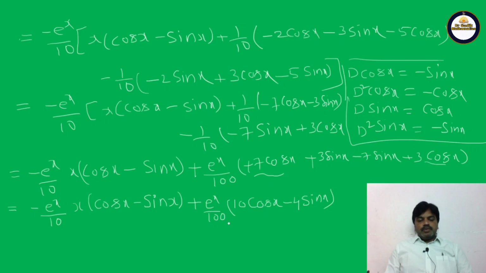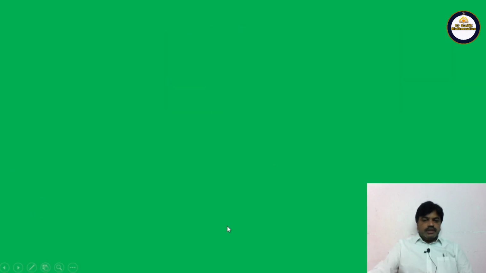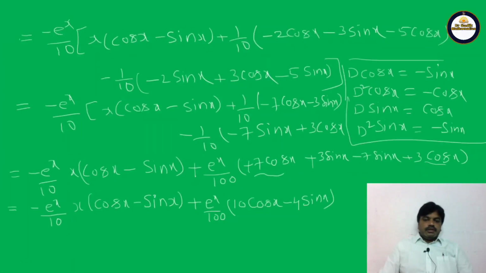Now multiply with e power x by 100, friends. So that is equal to minus e power x by 10 into x, (cos x minus sin x), plus, this 10 in 100 is 10 times, so e power x cos x by 10.